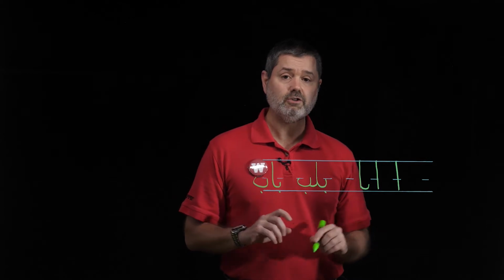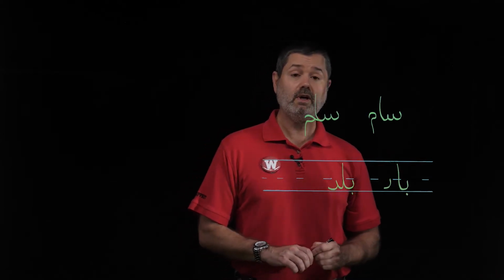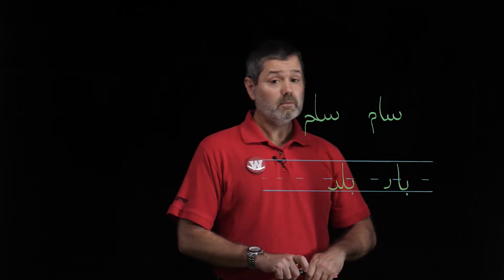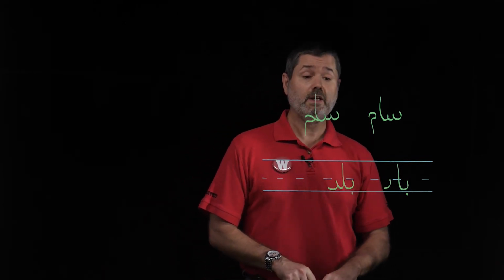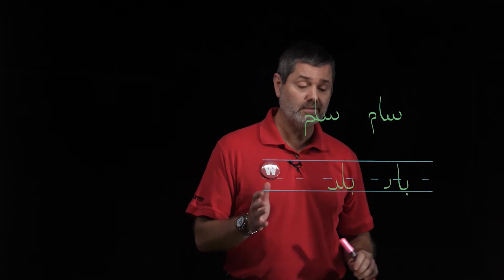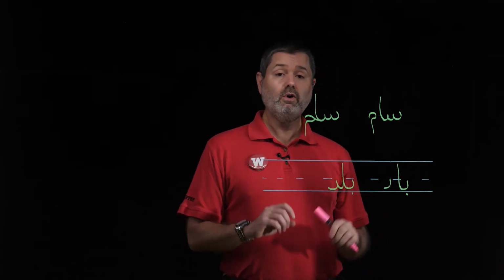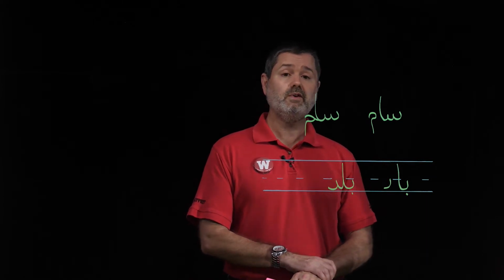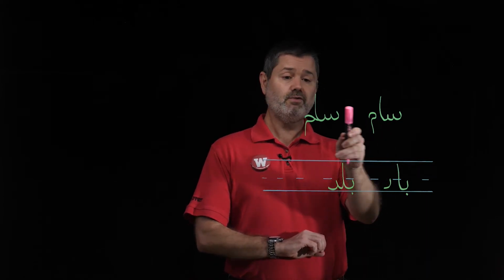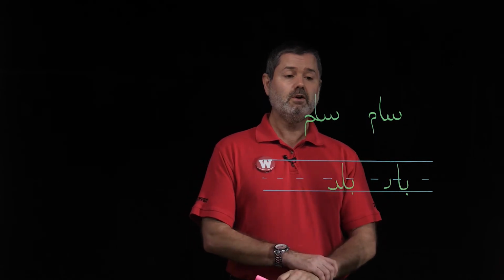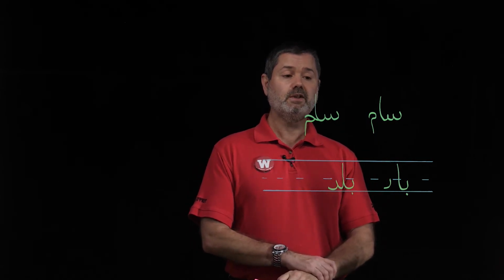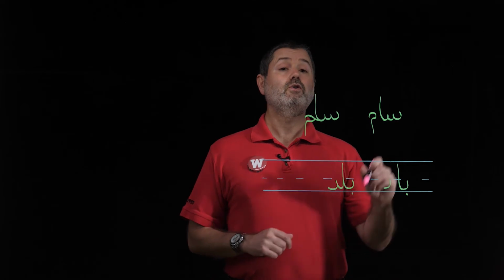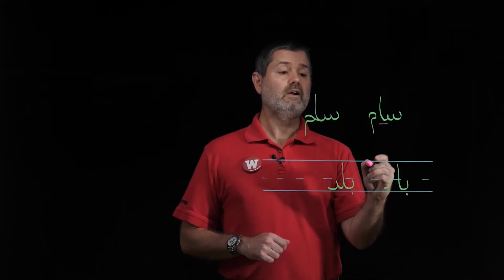Okay, so let's look at some examples of this and make sure that we can pick it out when we see it. Here we have 4 words, and 2 of them have Aleph, 2 of them do not. I recognize we haven't done all of the letters here, so you won't know most of them, but the question is, do these words have an Aleph or not? If I look at my first 2, which one has the Aleph in it? This one right here. And why?